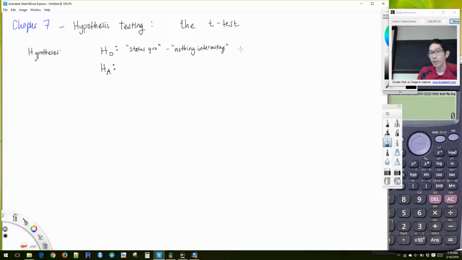Basically, if this were true, then any results we see in our data are just a result of random chance.